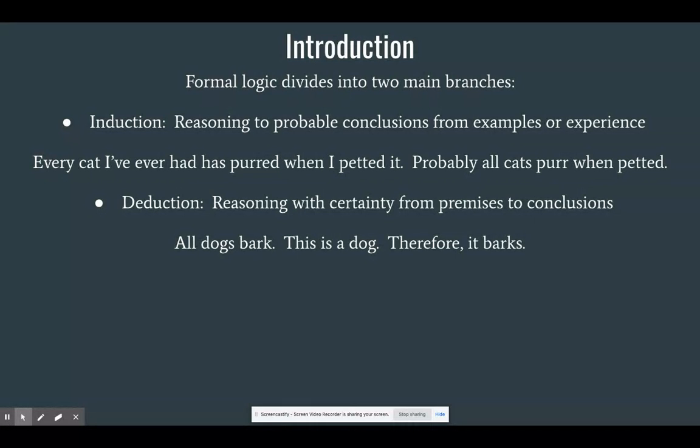No. That's a deductive argument, and it doesn't yield probability, it yields certainty. So you see the difference between these two arguments. An inductive argument looks at its own examples and own experience and says, this is what's probably true. Deductive arguments start with premises that are certainly true and say, okay, if A, then B, therefore C.